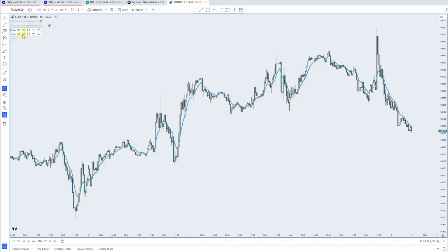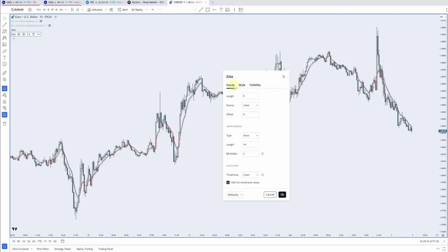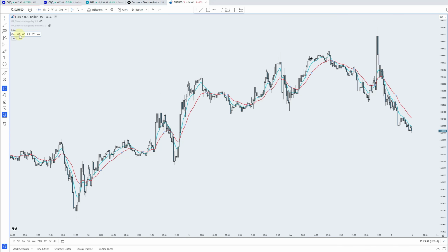And the second moving average is this color, and this one is the 21 exponential moving average. So these are the 2 moving averages and both are exponential moving averages.